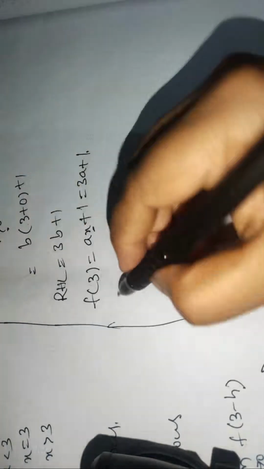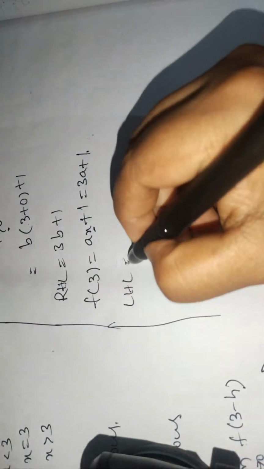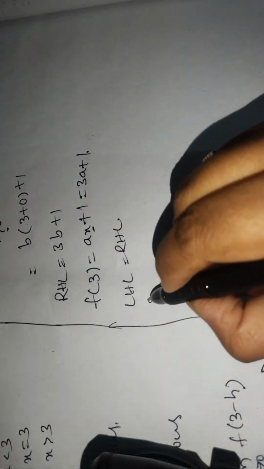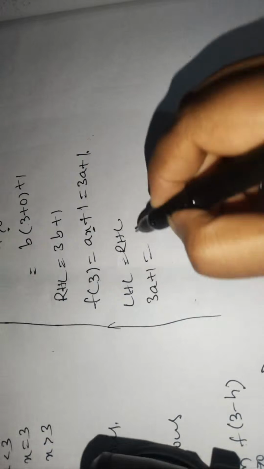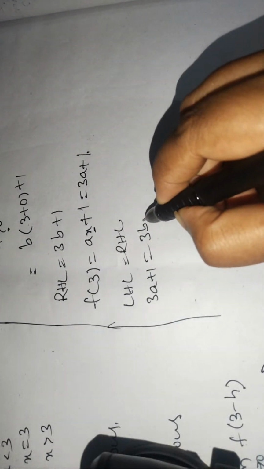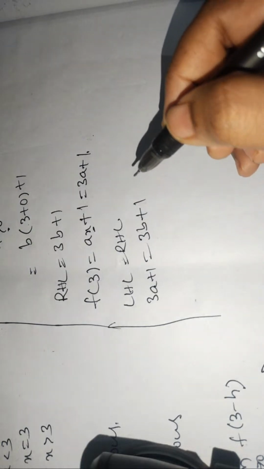Now equate LHL and RHL. What is LHL we got? 3a plus 1. What is RHL we got? 3b plus 3.